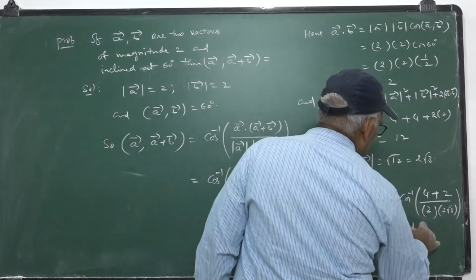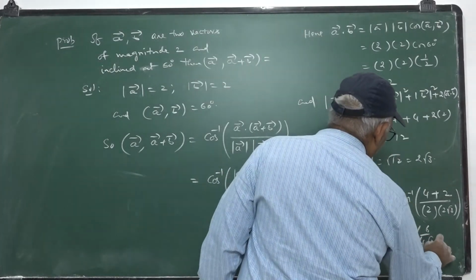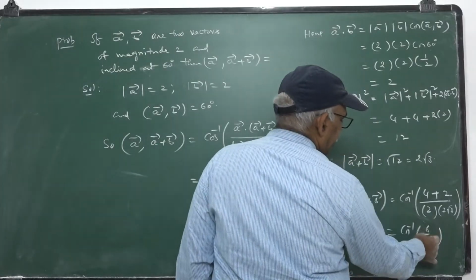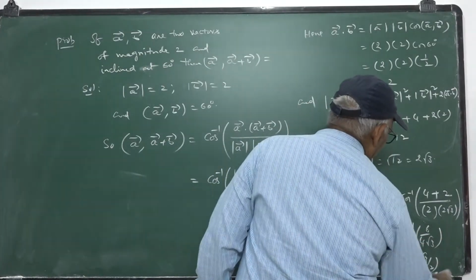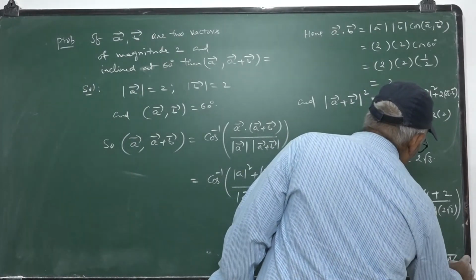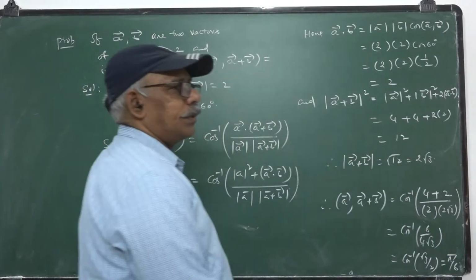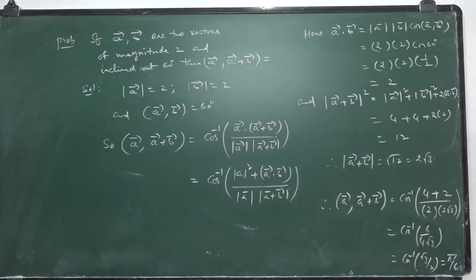That is cos inverse of 6 by 4 root 3. This is 2 3s, so 2 2s. So cos inverse root 3 by 2. That means pi by 6 is our angle. The angle between the vectors A bar and A bar plus B bar is pi by 6.